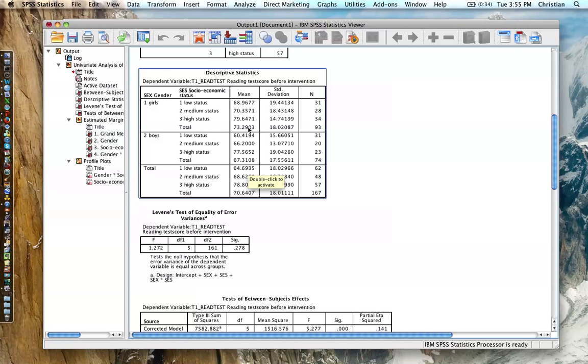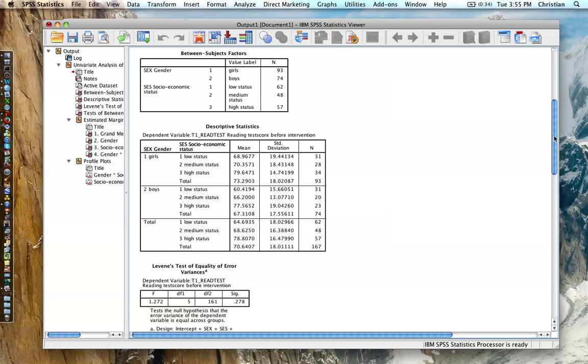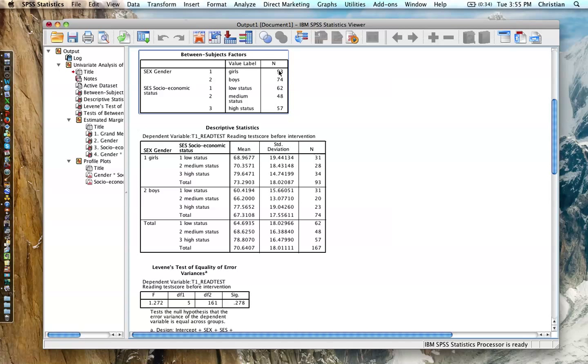And the overall average for girls is 73. And then here correspondingly you see the standard deviations and the sample sizes. So 31 girls in low status, 28 girls in medium status, and 34 girls in high status, and the overall number of girls is 93, which matches up with the 93 that we got up here.